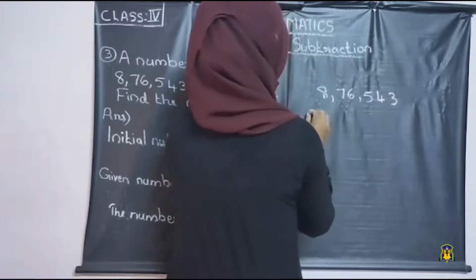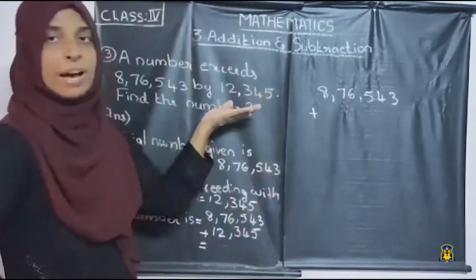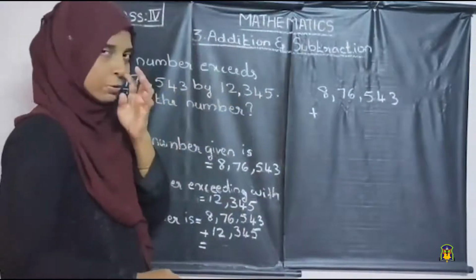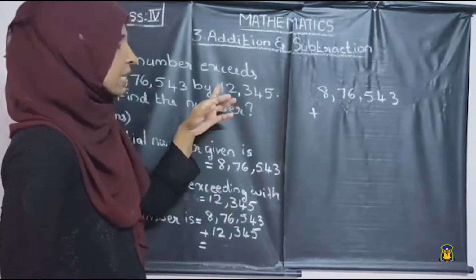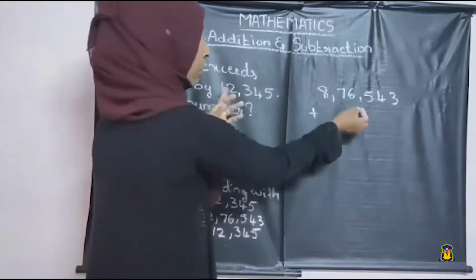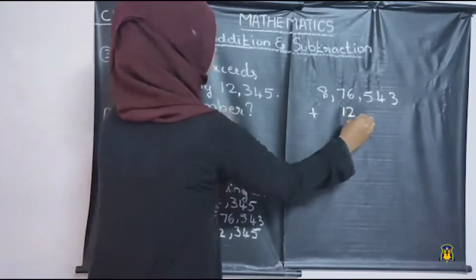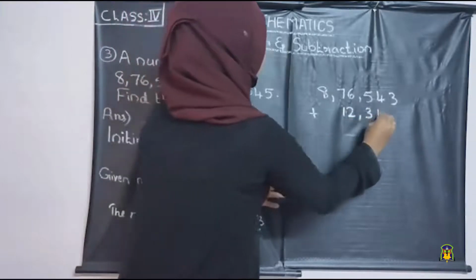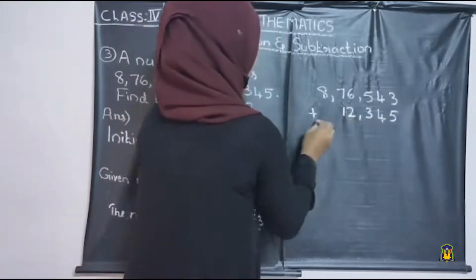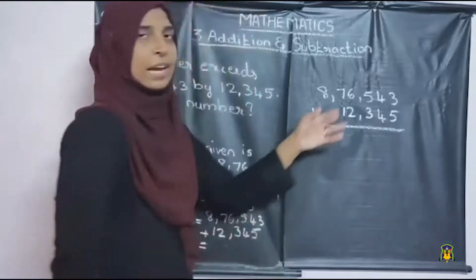The starting digit is in the 10,000 place. So we want to start from here. The 10,000 place, that is 12,345. Okay, children. Then we can add now.